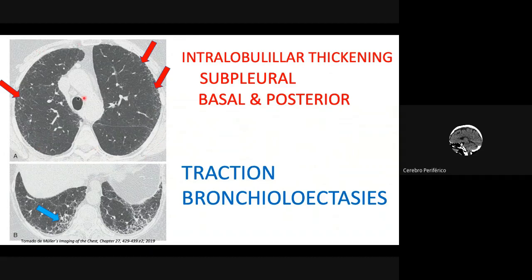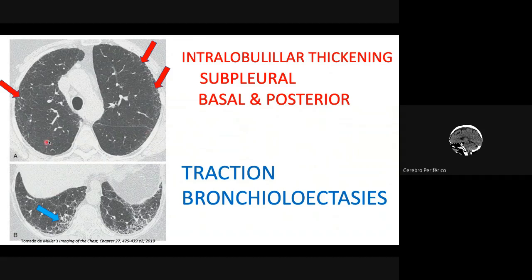And also keep in mind that the pattern is mostly subpleural, basal, and posterior. And then a lot of intralobular thickening. It's very uncommon that the patient will have interlobular thickening, but it can happen. So keep that in mind also.